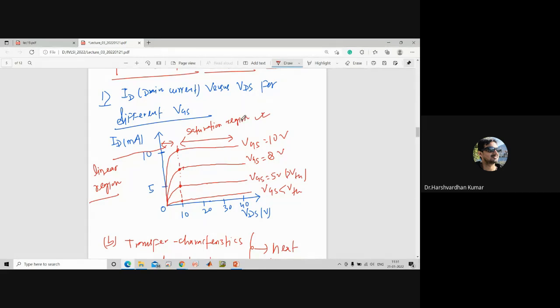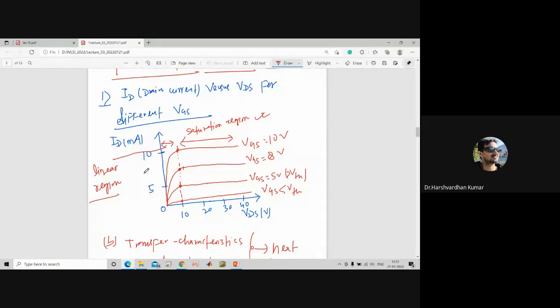You have heard about the terms voltage source and current source. So in the saturation region, you can see that the MOS transistor may act as a constant current source.